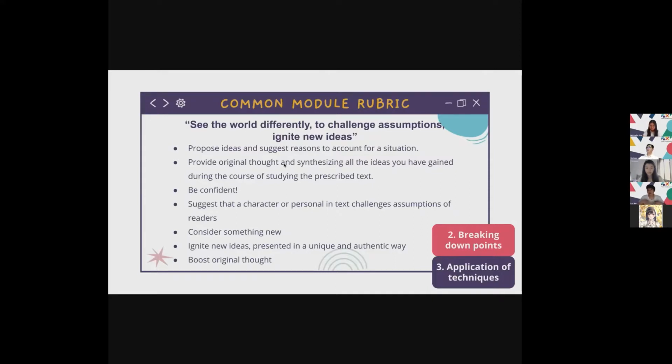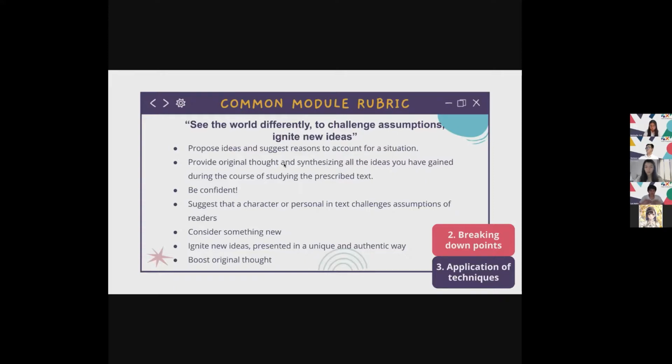So when the rubric asks us to see the world differently, challenge assumptions, ignite new ideas, it really wants us to, again, take that step back. It's a direct relation to the subject of anomaly, paradox, inconsistency. You've made the conclusions, now provide the reasonings. What other points have you found in studying your text that challenge these ideas?